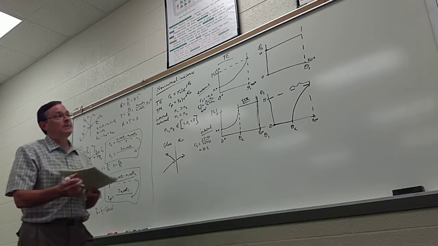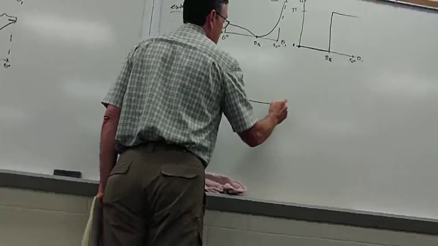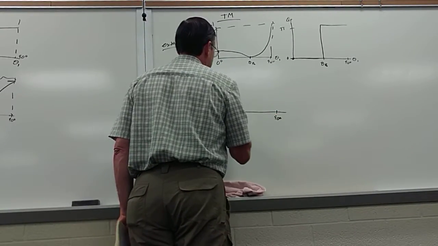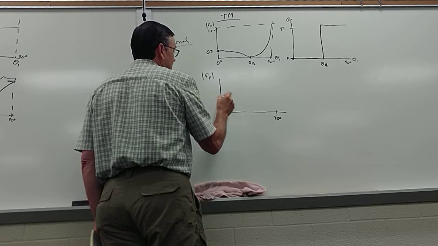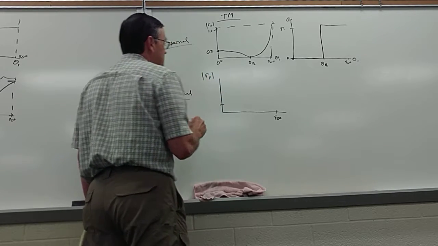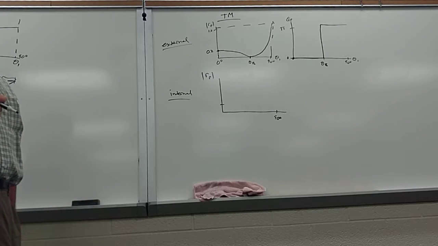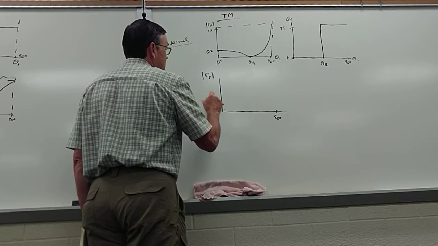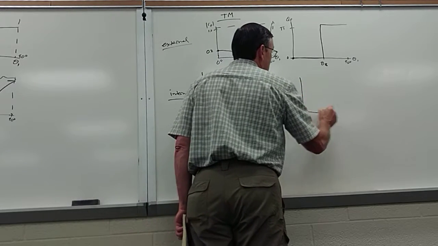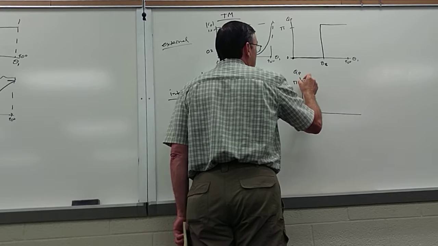Okay, so then for internal reflection, what we have is that we start off at positive or negative 0.2 for the reflection coefficient. Yeah, it'll be negative. So here we have 0.2 for the magnitude, and for the phase, we start off at pi.